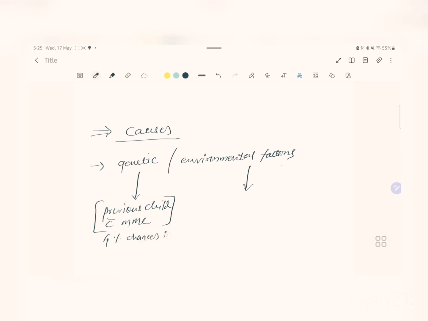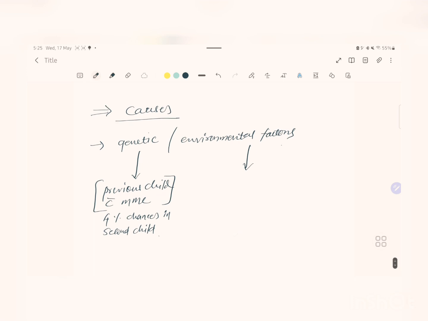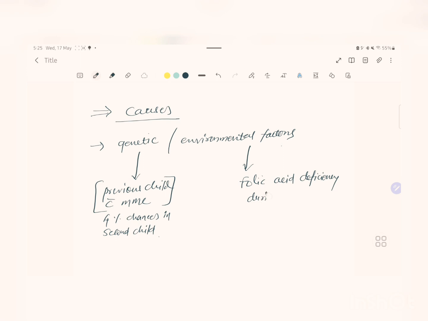And what are the environmental factors? Environmental factors include the deficiency of folic acid in the pregnant mother in the first trimester. Another cause is viral infection like variola, varicella, chickenpox in the mother.